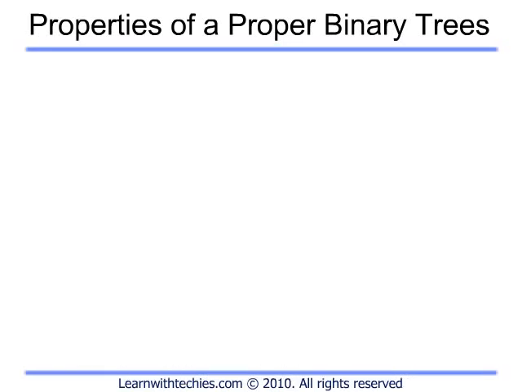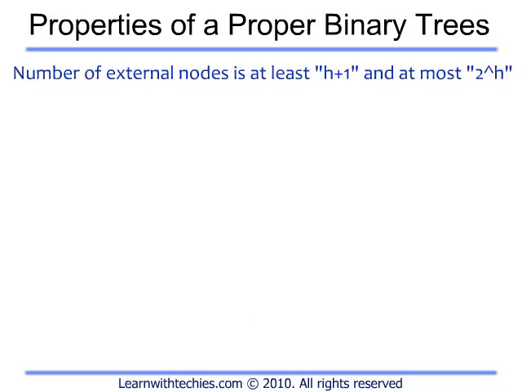Now, let's revisit the first property of a proper binary tree. The number of leaves is between 1 more than the height and twice the height. Let's prove this using the worst case and the best case of a proper binary tree with height 3. By worst case, we mean a tree having the minimum number of nodes, internal and external. And by best case, we mean a tree having the maximum number of nodes.